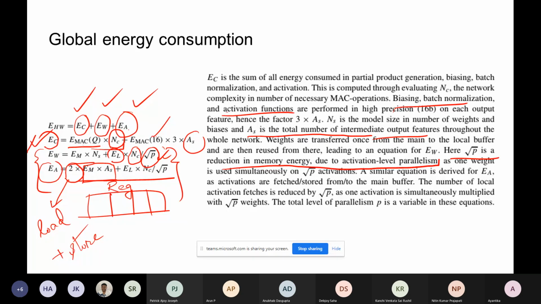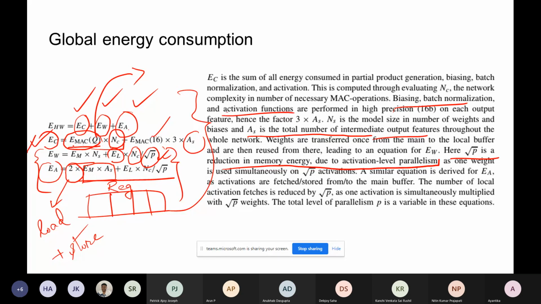So these are the factors that are contributing to our global energy consumption. Now we were talking about this part, the EMAC Q. When we are reducing the Q bits, of course the energy related to this MAC operation will be less and overall computation energy will be reduced.